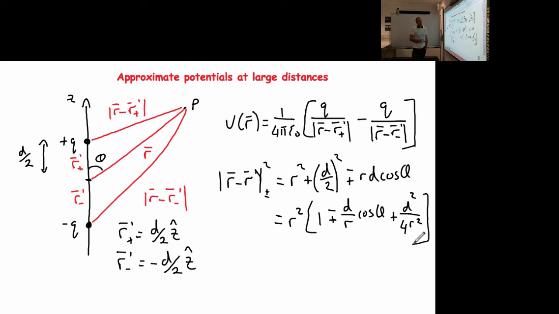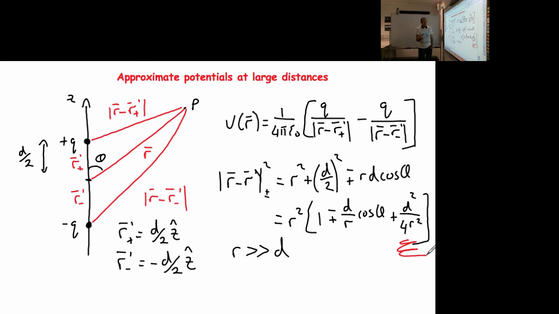Now since we're interested in a regime where r, the distance away, is much greater than the distance between the two charges, we can neglect this third term, because it is going to be negligible.